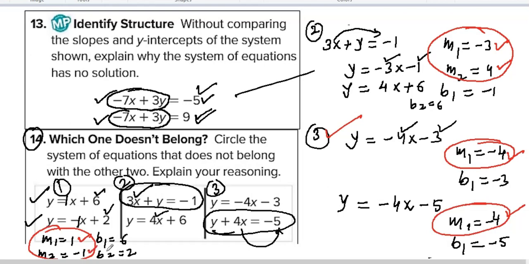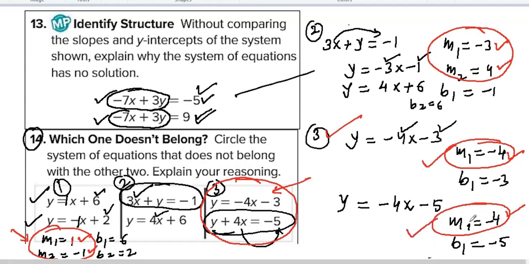So what should your answer be? Circle the system of equations that does not belong. I will circle the third one, because here the slope is the same, but in number one and number two the slopes are not the same: 1 and minus 1, and minus 3 and 4. In the third pair the slope is the same, m1 is minus 4 and m2 is minus 4.